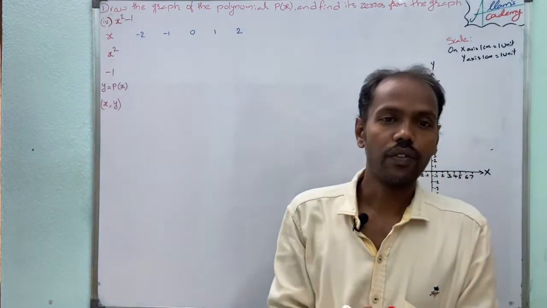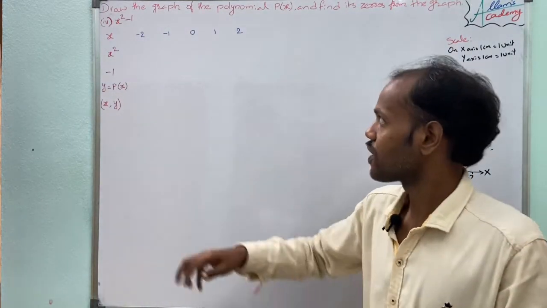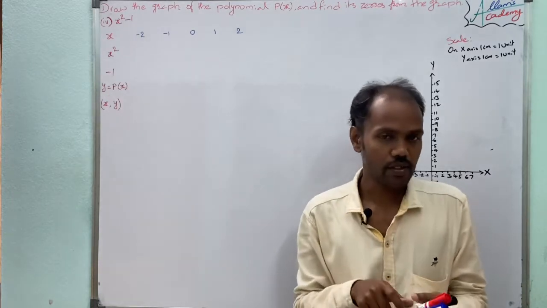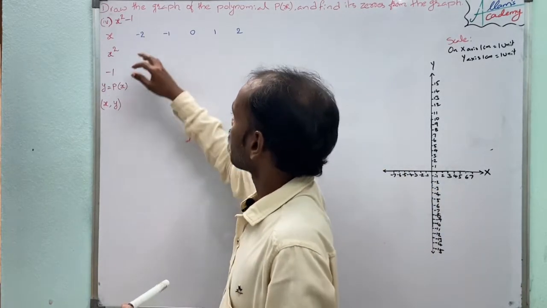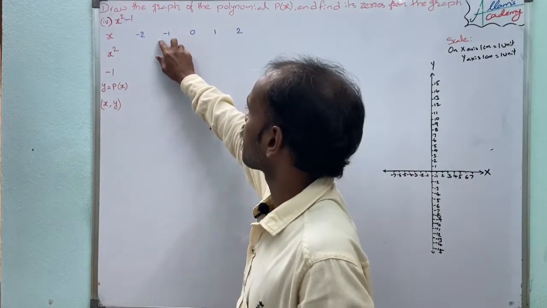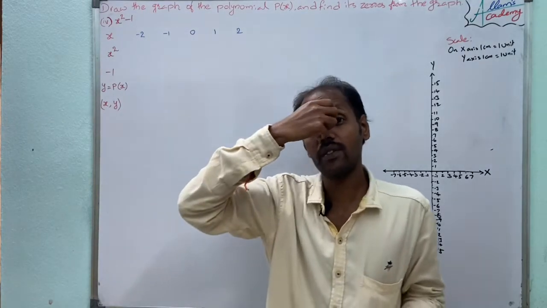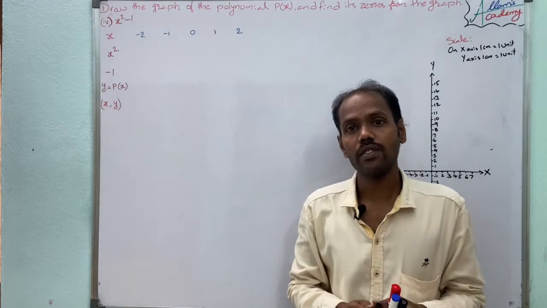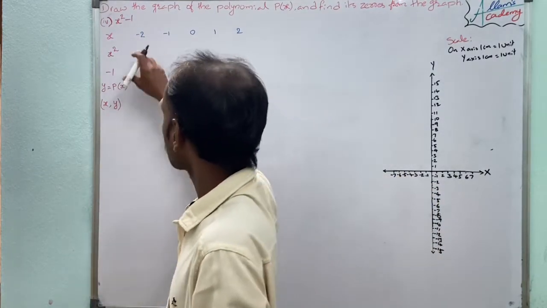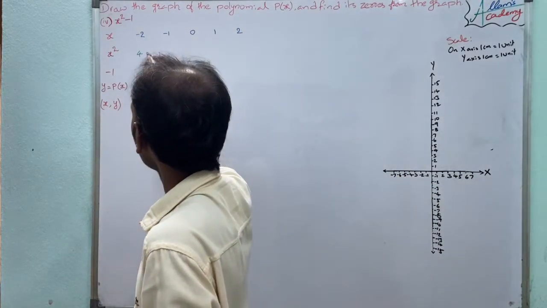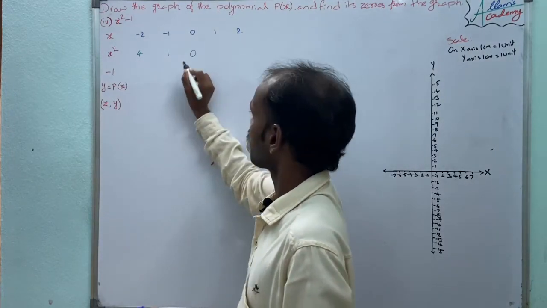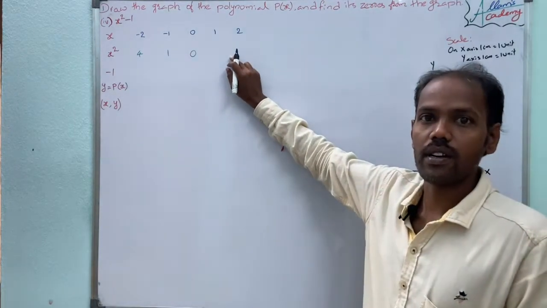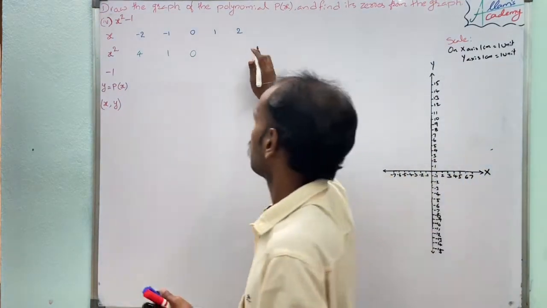Now for these values, the first step is x square. So we square each value. Either positive or negative, when we square any number, we get a positive number only. So minus 2 square equal to 4, minus 1 square equal to 1, 0 square equal to 0, 1 square equal to 1, 2 square equal to 4.